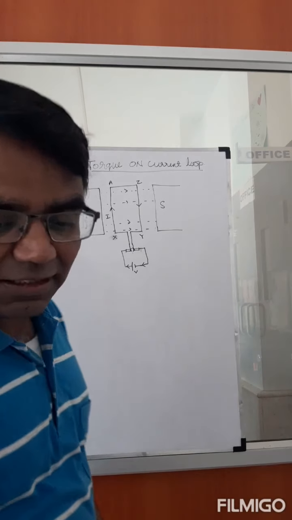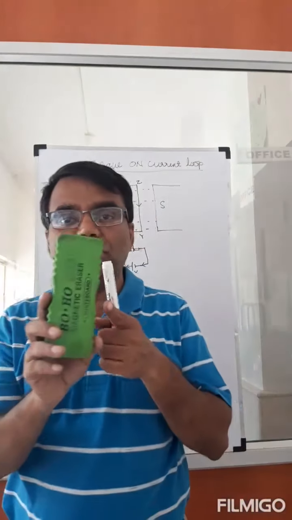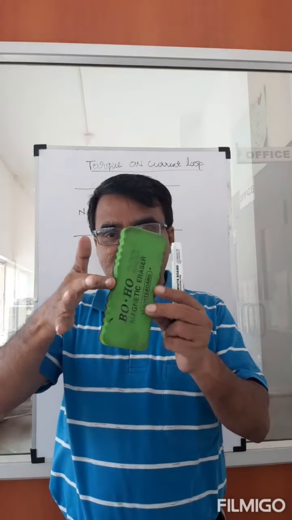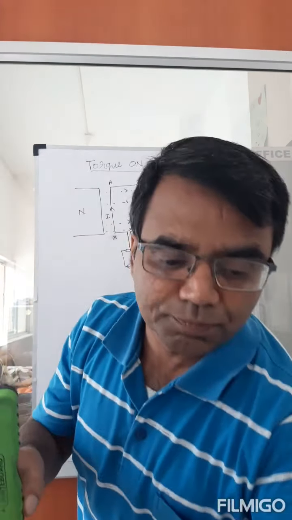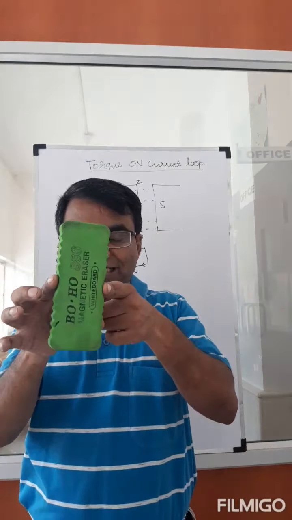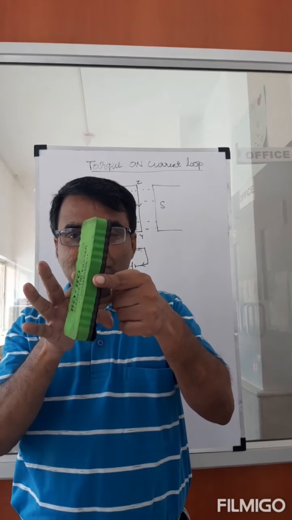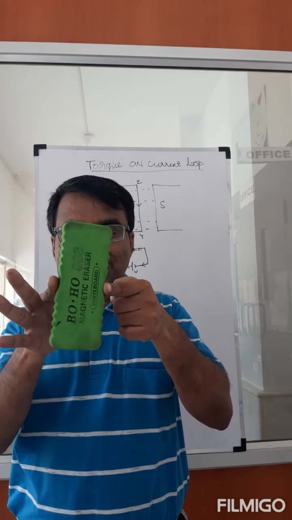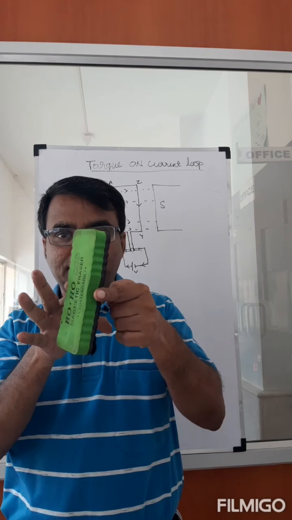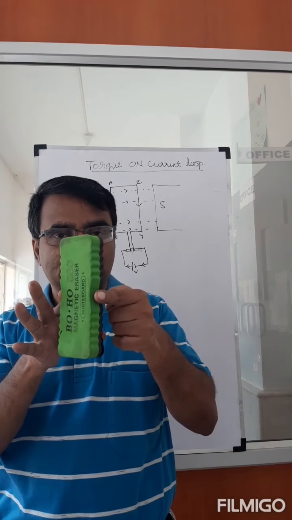So this part is getting pulled into the board and this part is being pushed out of the board. Then you can see a rotational motion. The coil will start rotating.